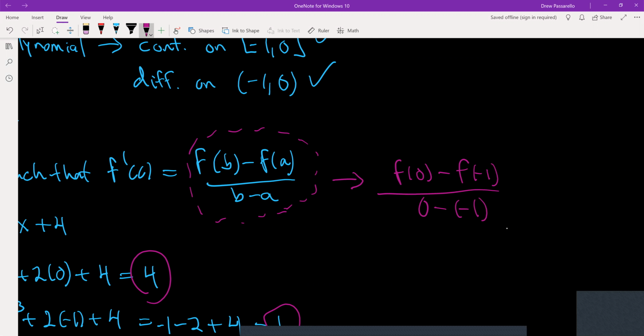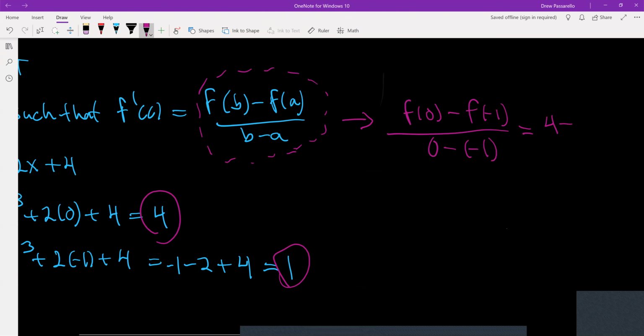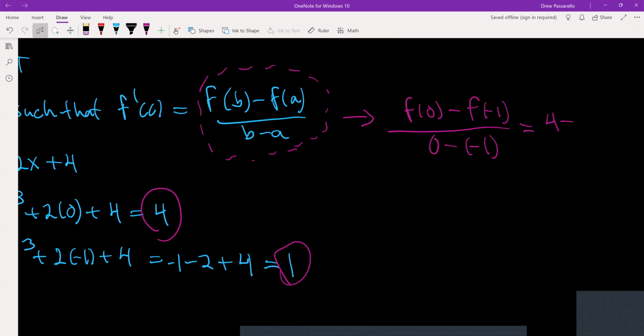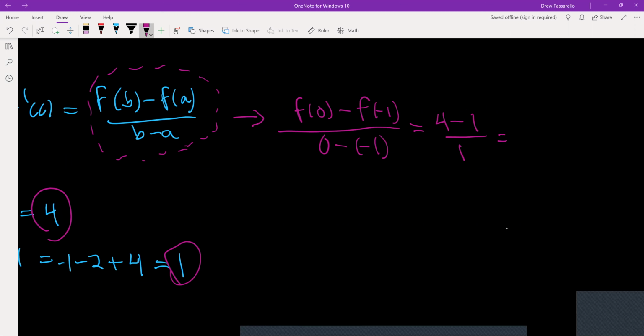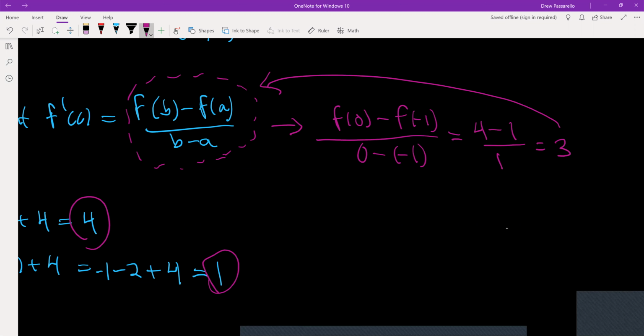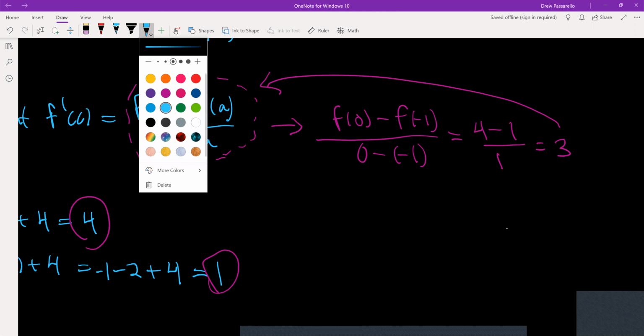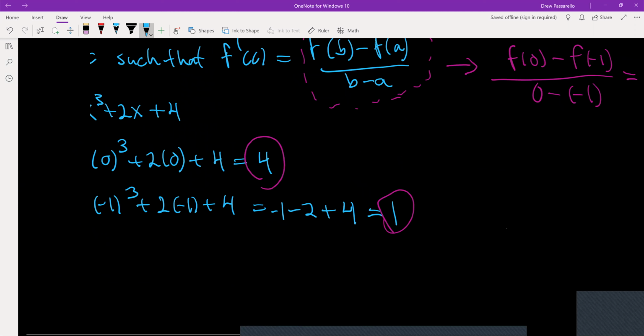F of 0 is 4. And then f of -1, that was 1. And then here we have a 0 minus a -1. That's really 0 plus 1, which is 1. All right, so 3. 3 is what that whole thing is. So we need to find c such that its derivative is equal to 3.